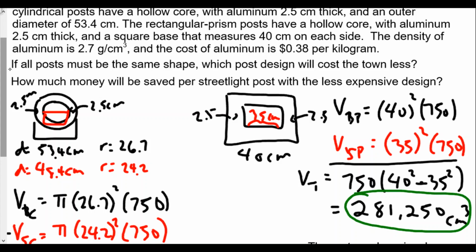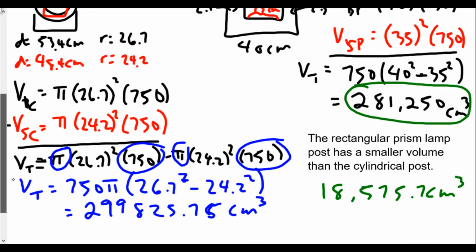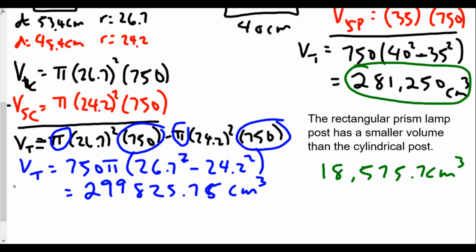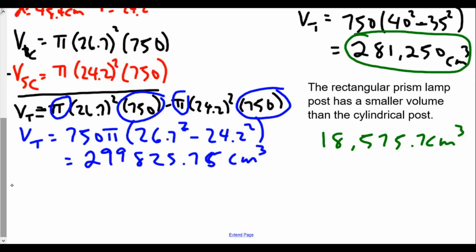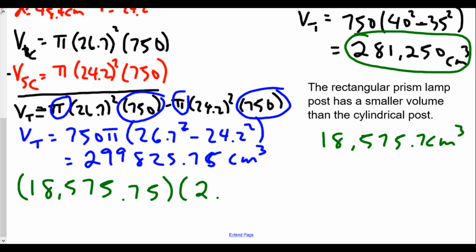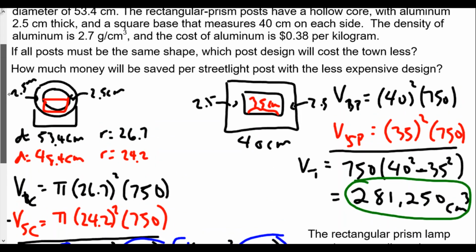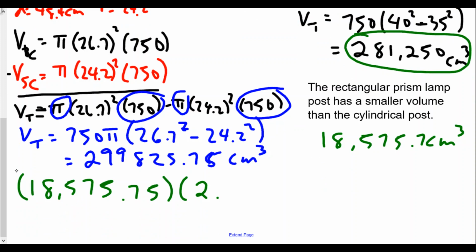So we're going to take this amount, 18,575.75, and multiply this value by the density of 2.7 grams per cubic centimeter, because this is in cubic centimeters.